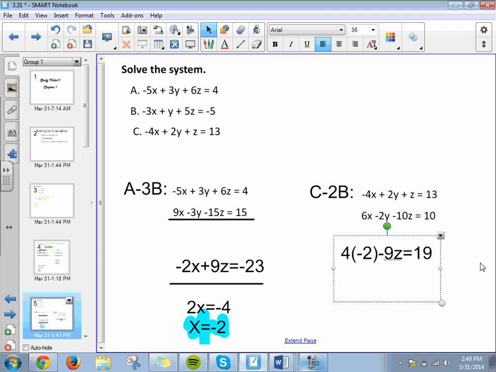When I do that, I'll get negative 8 minus 9z equals 19. So we'll add 8 to both sides. 19 plus 8 then will be 27. Negative 9 times z equals 27. So therefore, z will equal negative 3.